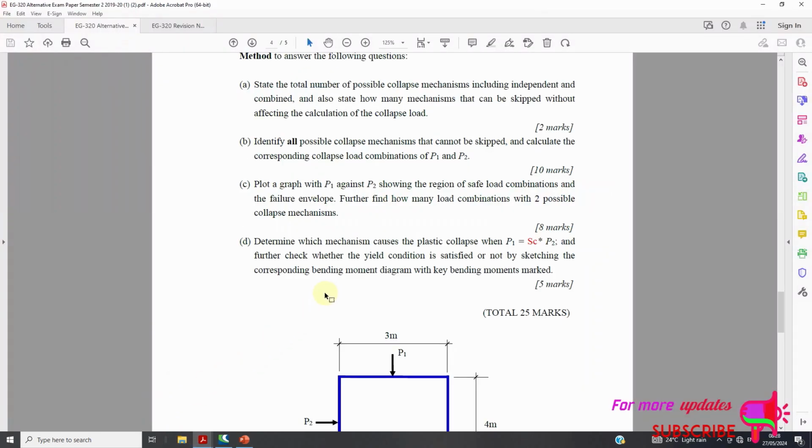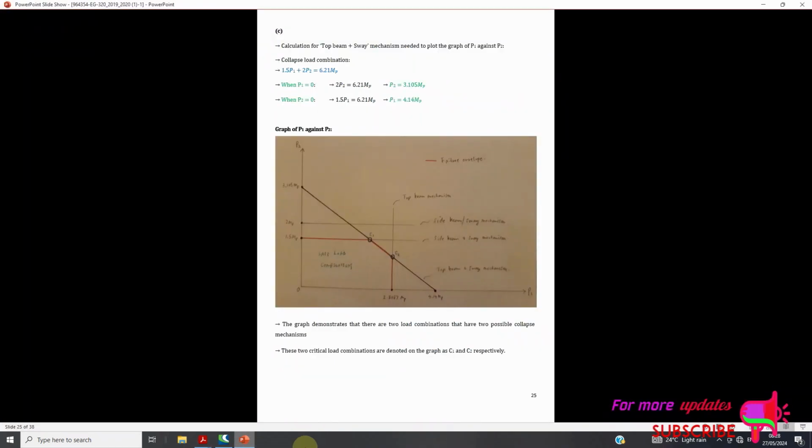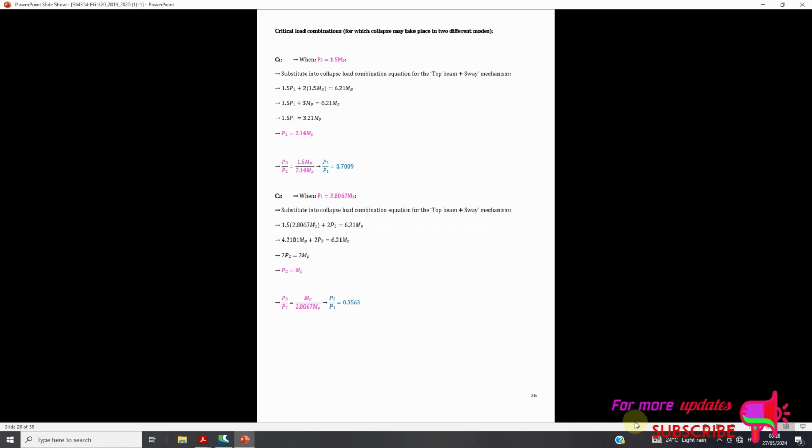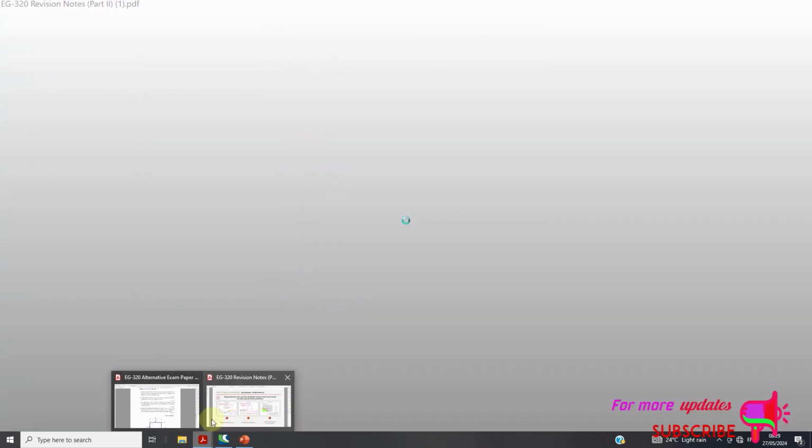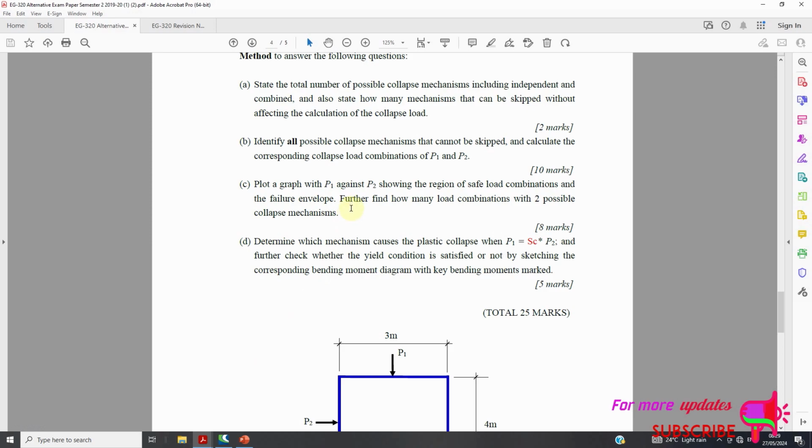These two critical load combinations are denoted on the graph as C1 and C2 respectively. This is the answer for question C, part 2. Now we are in question D: further find how many load combinations have two possible collapse mechanisms.